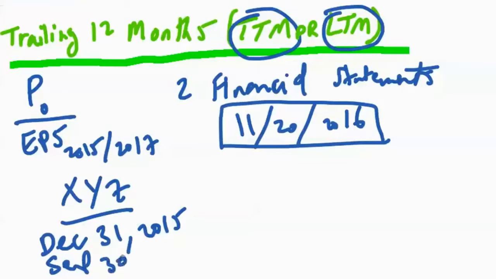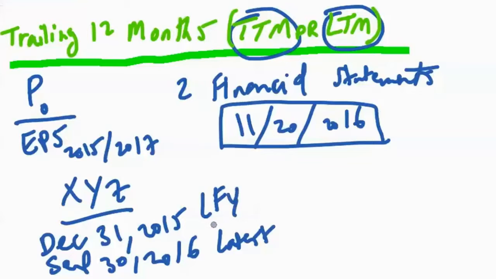Okay, so the company finishes its fiscal year in December, then the latest financials would be the 9 months results ending September 30th, 2016. Okay, so these are the two financial statements that you actually need. Okay, so you need last fiscal year and you need the interim results to be able to calculate the trailing 12 months for this company XYZ.